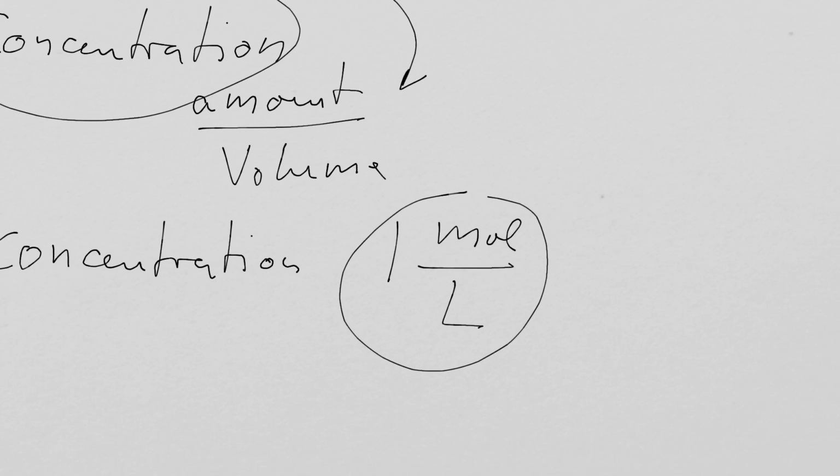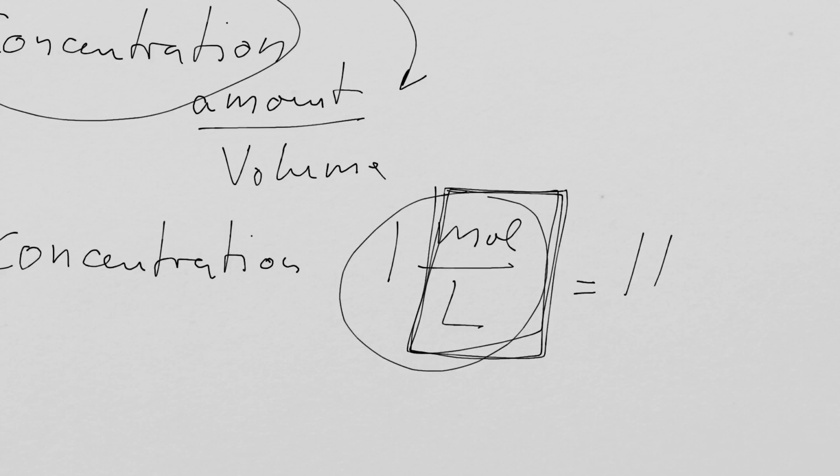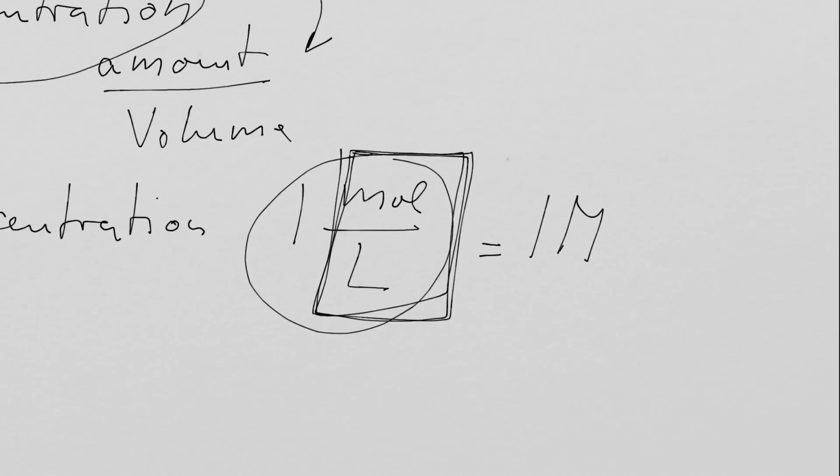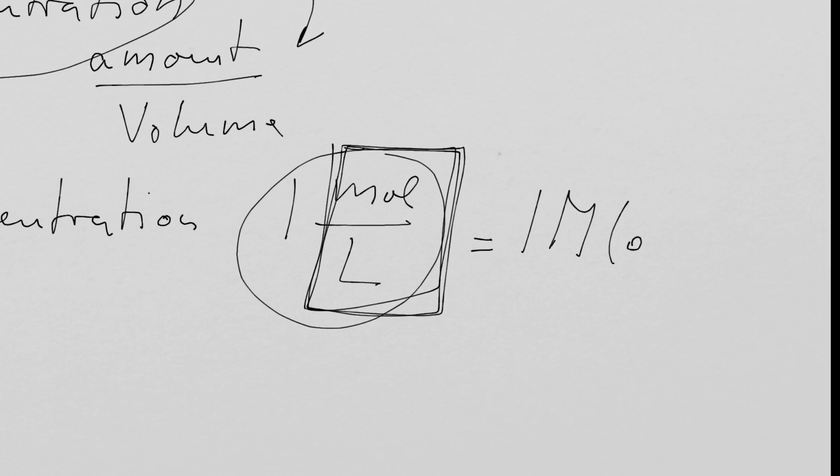And because people, biochemists, biomedical scientists, are extremely lazy people, instead of writing mole per liter, they just simply abbreviate that with a capital M. So that would be the same as 1 M, which means 1 molar. And in this case, it's not what you have in your mouth, the tooth.